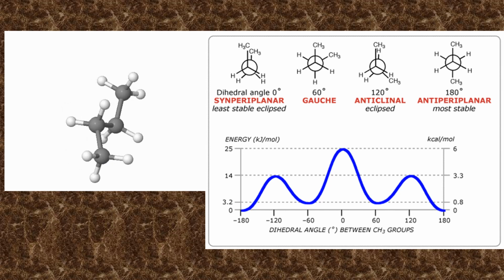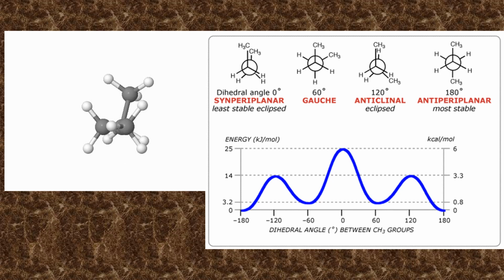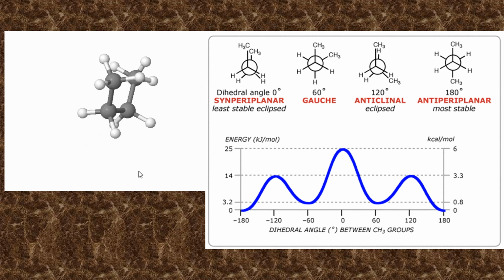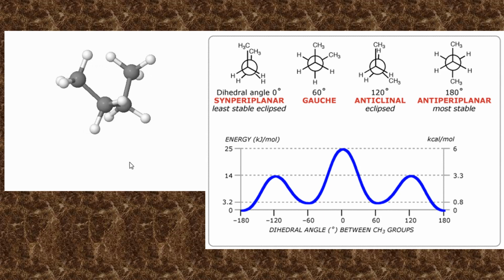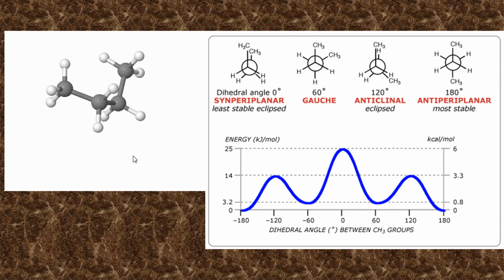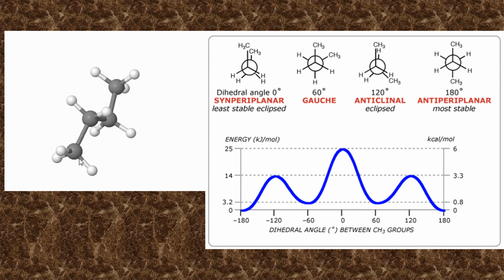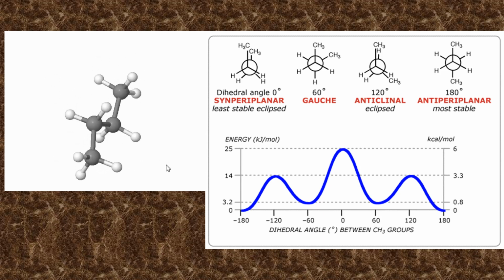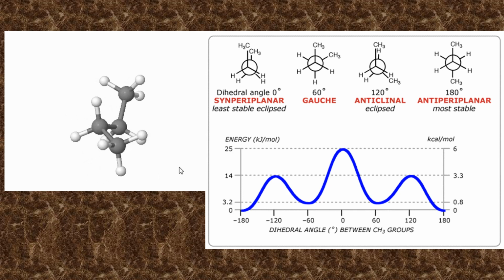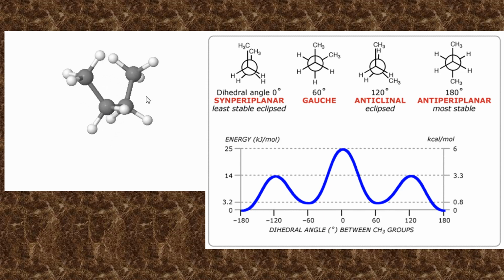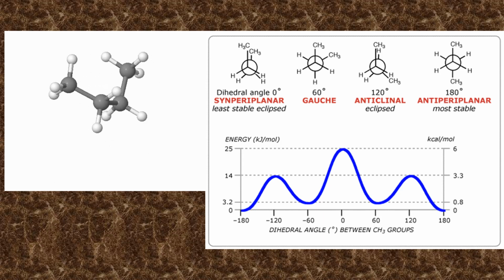So when we do rotation about carbon-carbon single bond, we are coming across several conformations: eclipsed, staggered, gauche. Among all these conformations, this anti-periplanar conformation is the most stable, and this eclipsed conformer is the least stable with the highest energy.